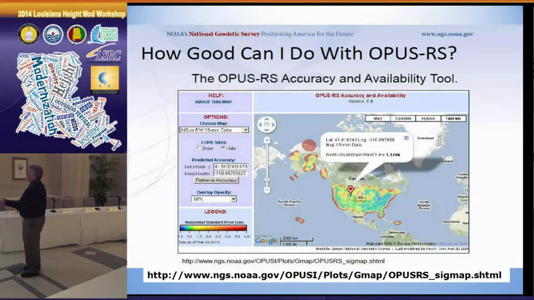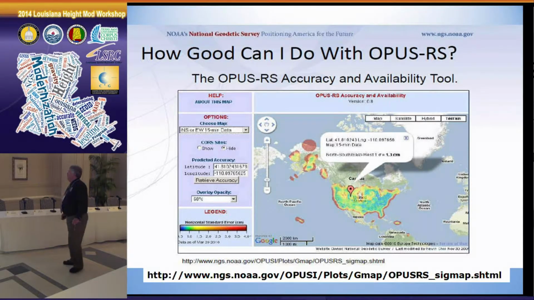It could be 15 minutes of OPUS rapid static or 1 hour. And again, it's hard to read, but it'll give you a difference here and a difference here, 3.5 centimeters, I think it says, for ellipsoid height.